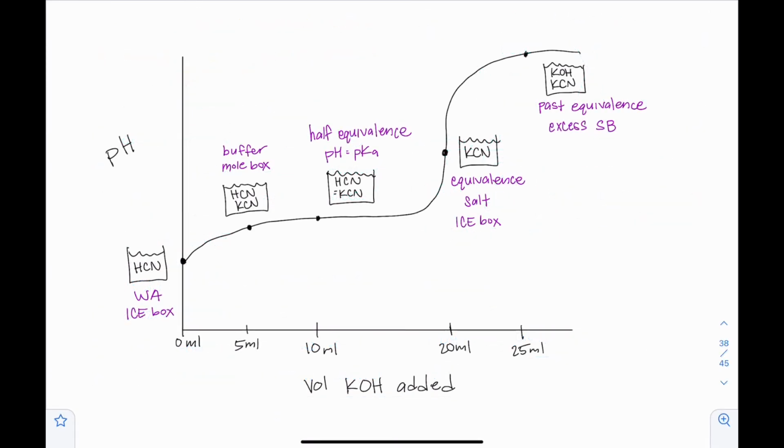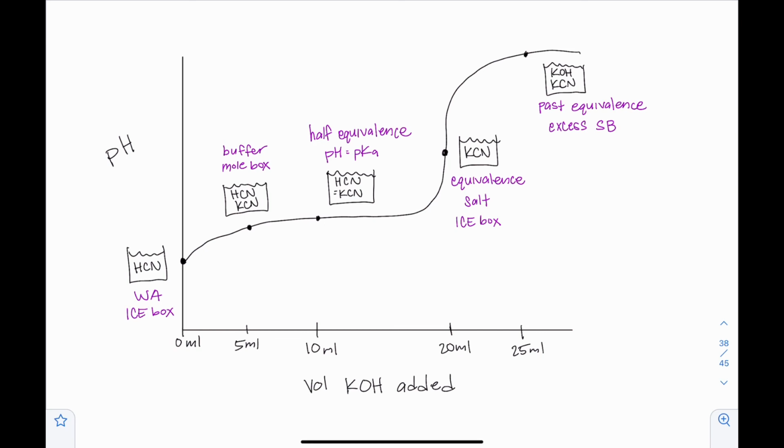Let's review how we found the pH at different points during the titration. At 0 mL of KOH added, there's only weak acid in the beaker, so we used an ICE box to find the pH. As the strong base is added to the weak acid, a partial neutralization reaction occurs, creating a buffer, so we used a mole box to find the pH.